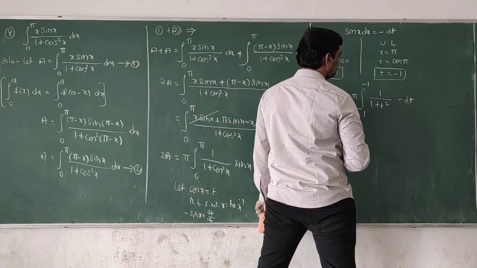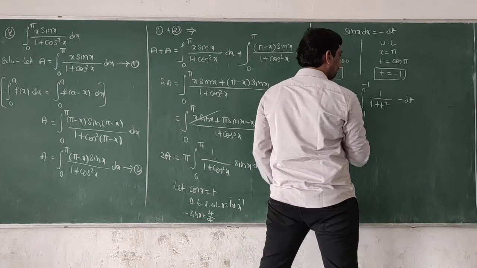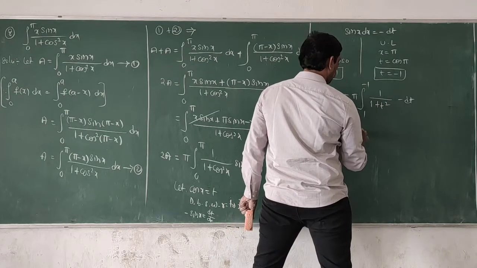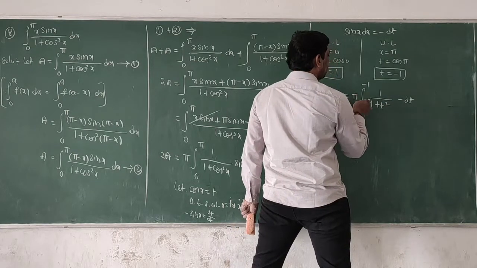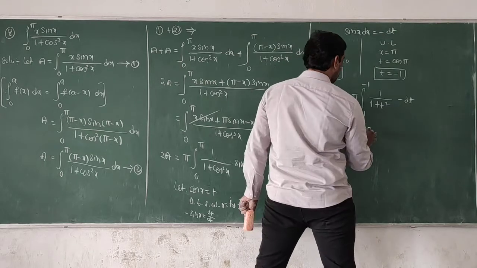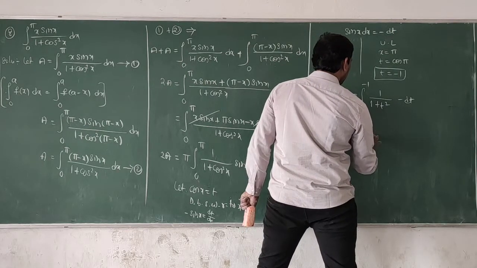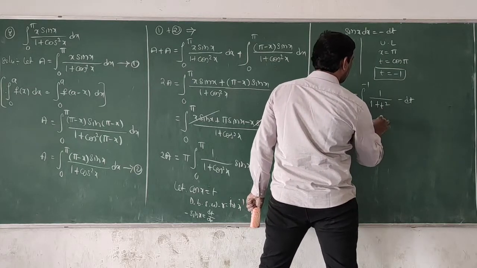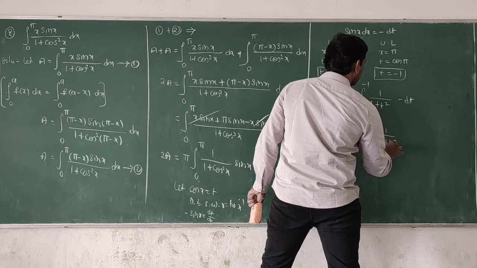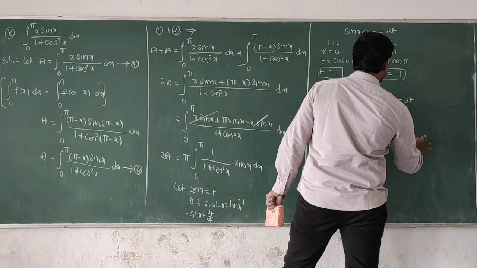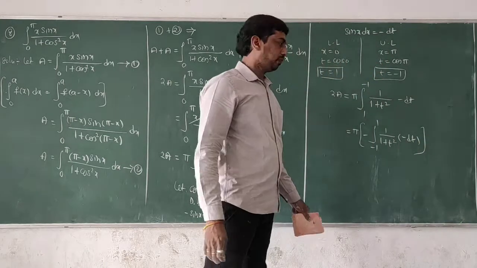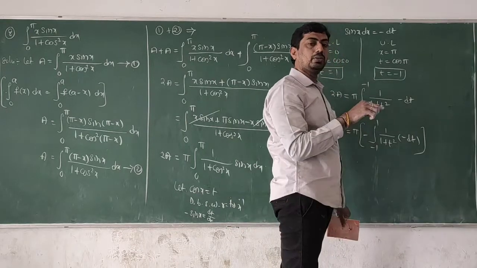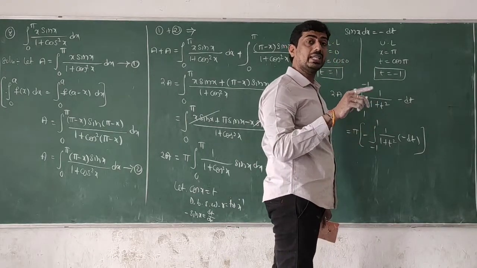So first of all, before going to this one, this can be written by interchanging the limits, then minus of the integration from minus 1 to 1 of 1 by 1 plus t square into minus dt. This integration a to b f of x dx can be written as minus integration b to a dx.